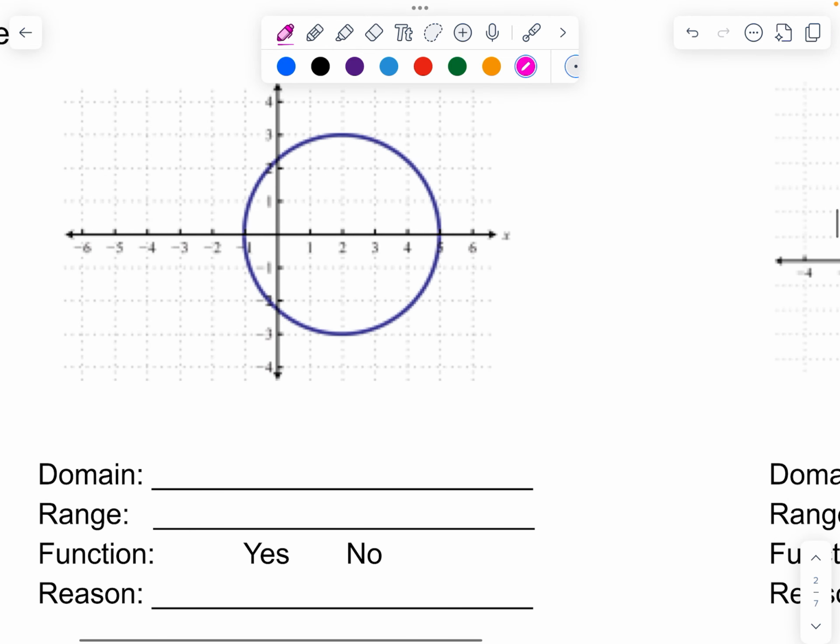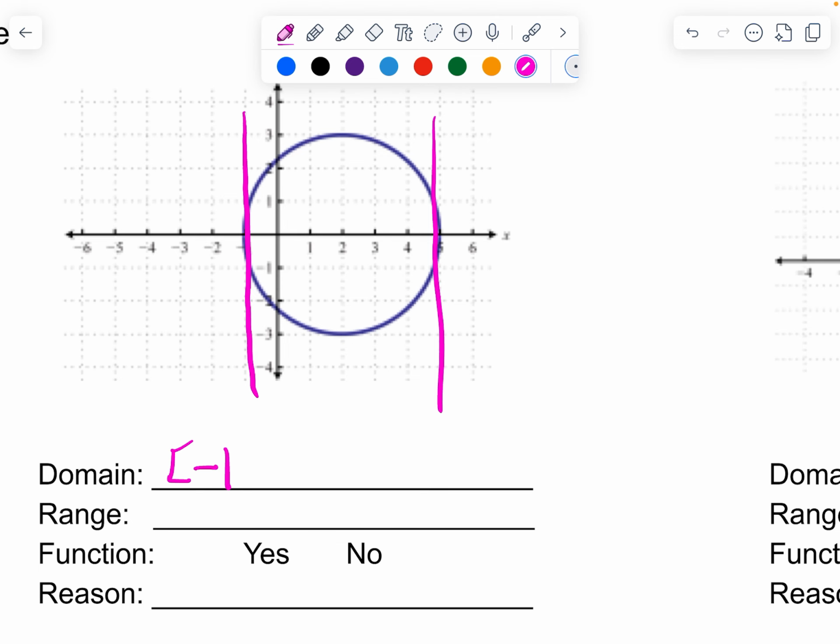Okay. Domain. Now see, why did I do that? This is continuous, so it's going to go from here to here. So my lowest number is -1. My highest number is 5, and that's the domain. The range, oh, I should do that in a different color so that you can see.